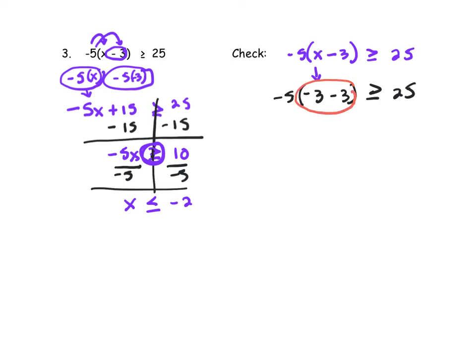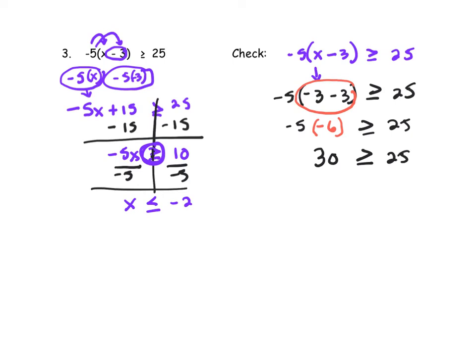I don't have to really use the distributive property how I used it initially. So -3 minus 3 is going to give me a -6. And again, you can check that on your calculator. Might be helpful. And I have to multiply that quantity by -5. And it should be greater than or equal to 25 when I'm done. So a negative times a negative is going to be a positive. So I'm going to get positive 30. And that is indeed greater than 25.